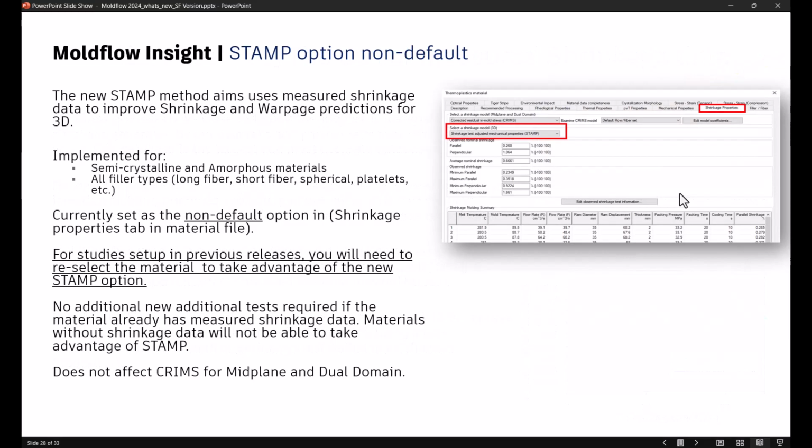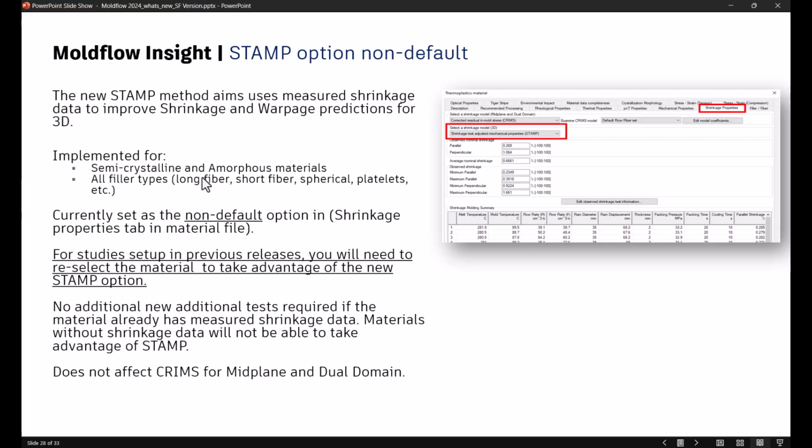The new STAMP model that we are referring to is a non-default model at this point in time. If the material already has shrinkage properties, go to the material details, and then you can click on the shrinkage properties. You should be able to see that if it has shrinkage properties, all the shrinkage data is there. You have to change it to Shrinkage Tested Adjusted Mechanical Properties, or STAMP.